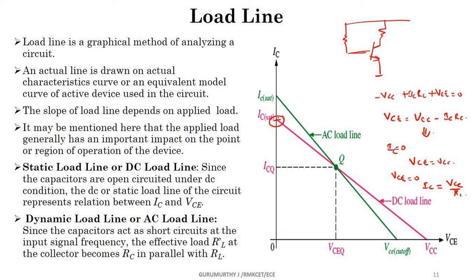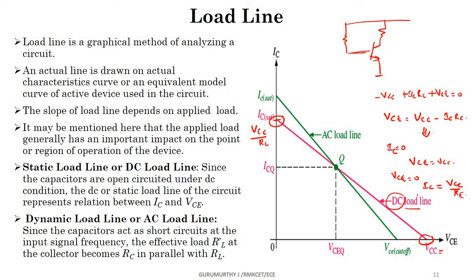This extreme limit is VCC by RC, and the other point is where the collector current is equal to 0. The slope of the line depends upon the load. Why is it called the DC load line? The circuit consists purely of DC. That's why it is called the DC load line.